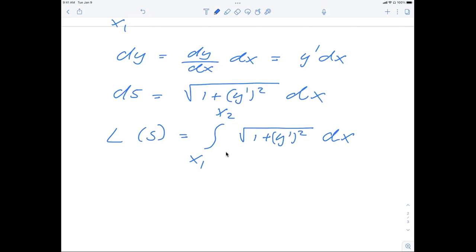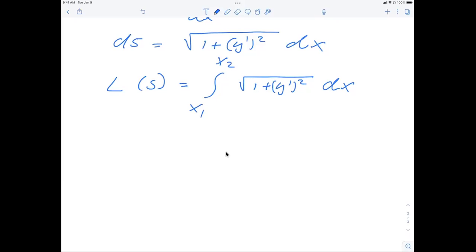That's the quantity we want to optimize, and we're going to show that it is proportional to a straight line. That is the mathematical object which optimizes the distance between points x1 and x2. We already know from experience that this has to be a straight line.